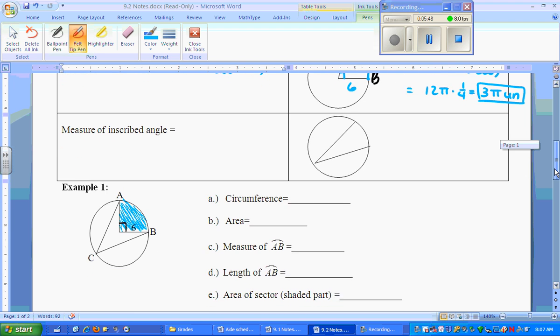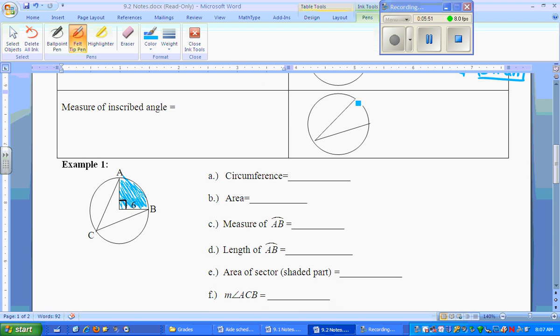All right, last thing that you need to know is inscribed angle. An inscribed angle is an angle that is drawn inside of the circle that touches across the circle and then back to the arc. The measure of an inscribed angle is always half the measure of the arc it opens to.